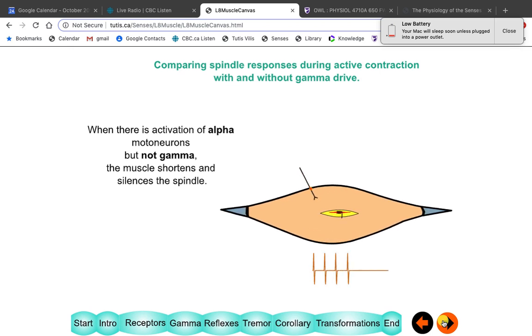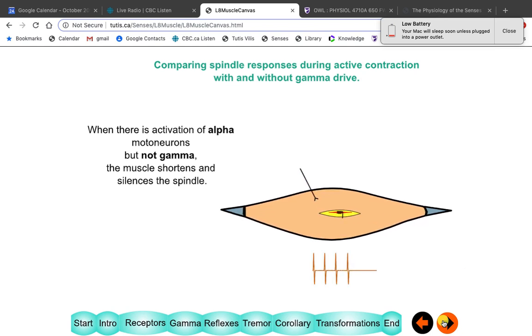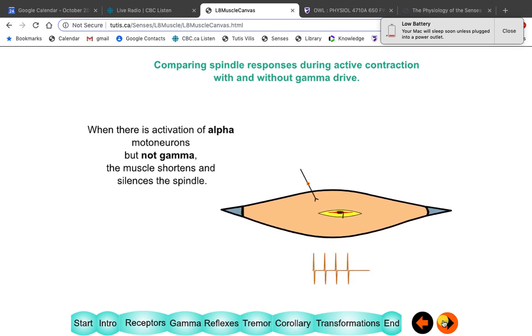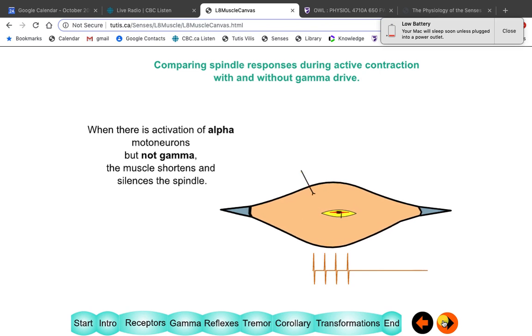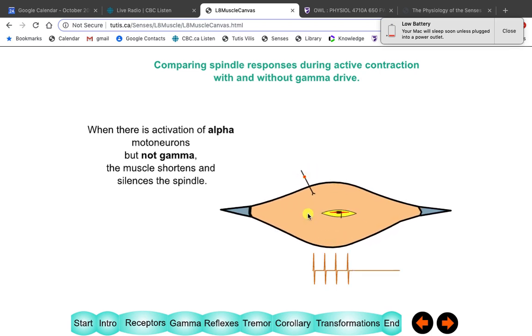Now, we mentioned before that when the muscle contracts, as in now, the spindle is silent, okay, because it gets shorter. And this is what happens when you have no gamma drive.